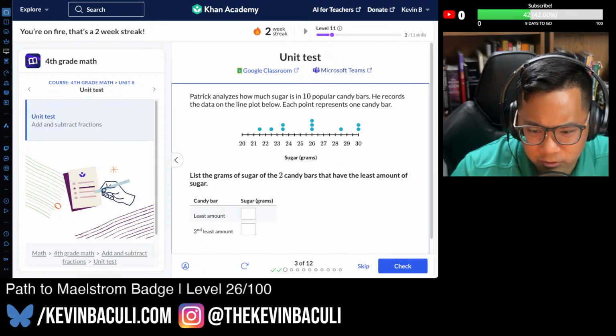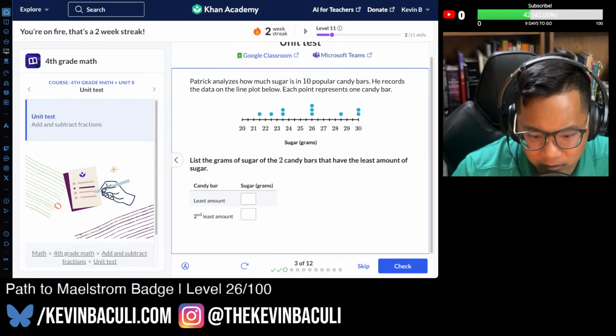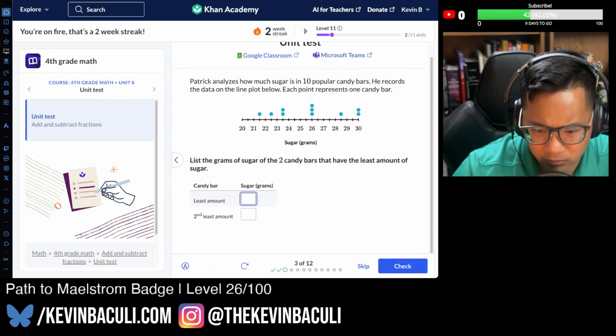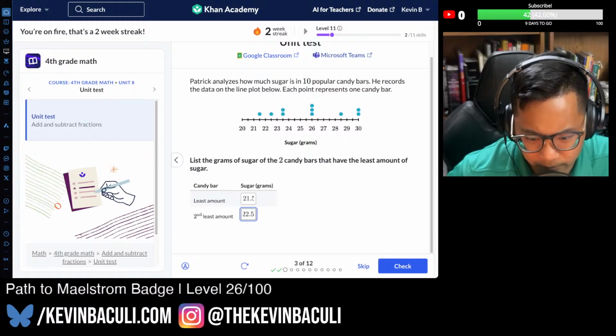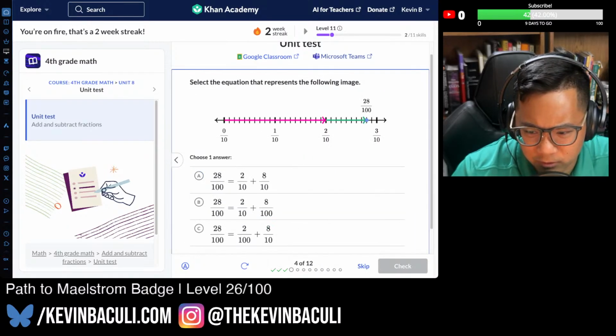Patrick analyzes how much sugar is in 10 popular candy bars. He records the data. That's a lot of sugar. List the grams of sugar of the 2 candy bars that have the least amount of sugar. So the least amount is 21.5. The next one is 22.5. Select the equation that represents the following image.